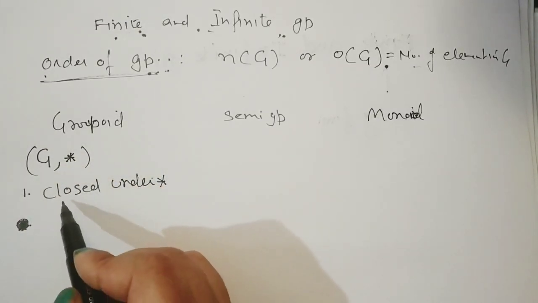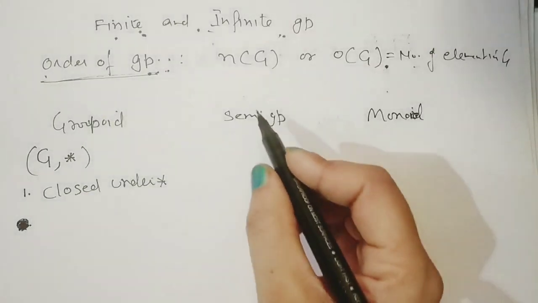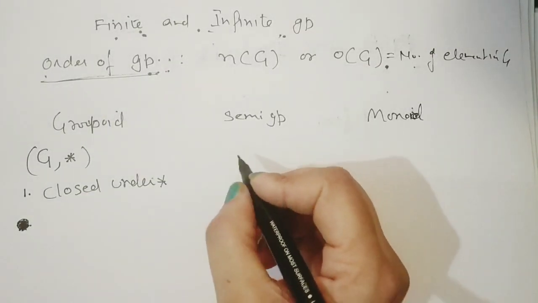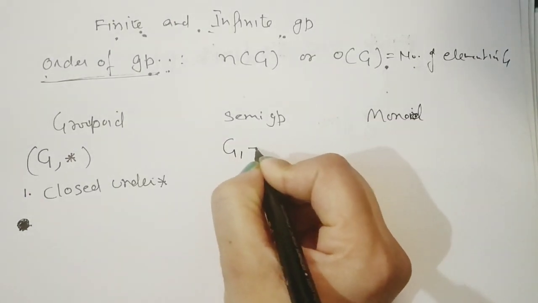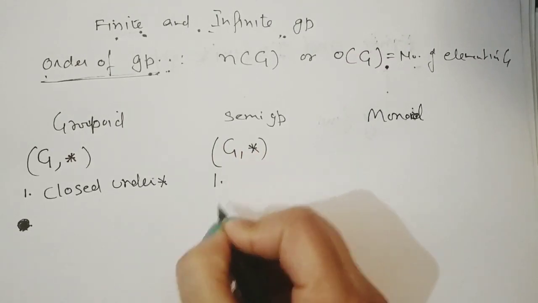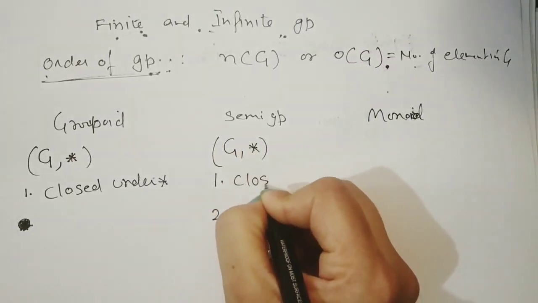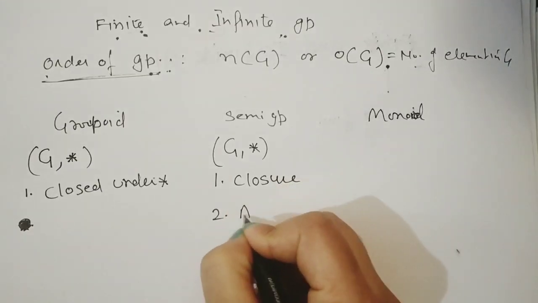If only one property is true, that means it is a groupoid. Semigroup, because a group has four properties. Semi means half, so if half of the properties, meaning two properties, are true for it, first is closure and second is associative.